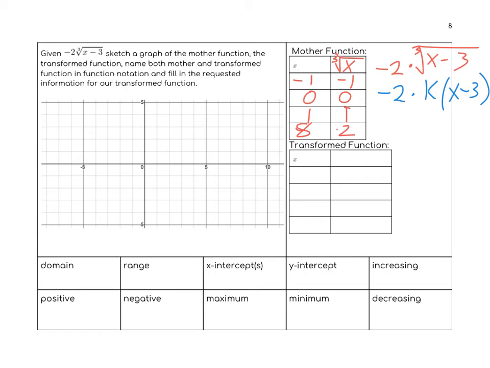So in looking at this graph, we end up having two transformations happening. It's going to go right 3, and, ooh, this is going to be interesting. We've got a vertical stretch. I'm going to call this times -2.